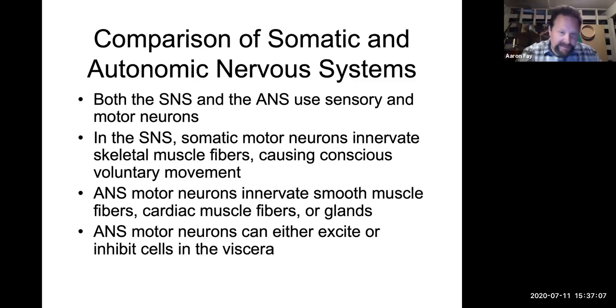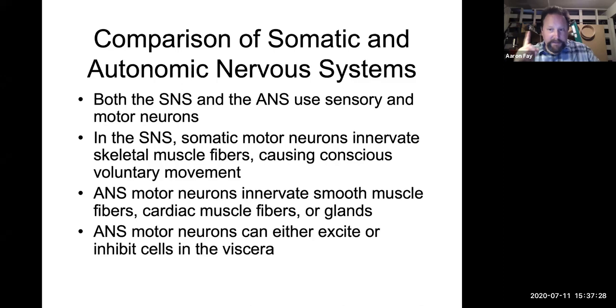So in the CNS, somatic motor neurons innervate skeletal muscle fibers, causing conscious voluntary movement. Fair enough. Autonomic motor neurons, right, they're going to innervate things like smooth muscle, cardiac muscle, or glands, all things that we do not have conscious control over.